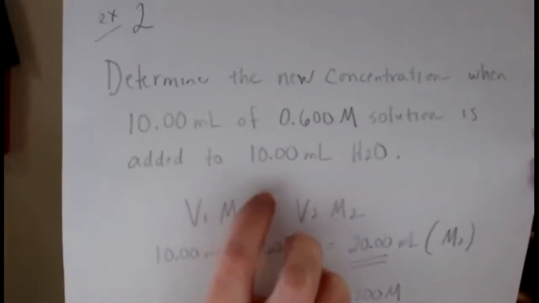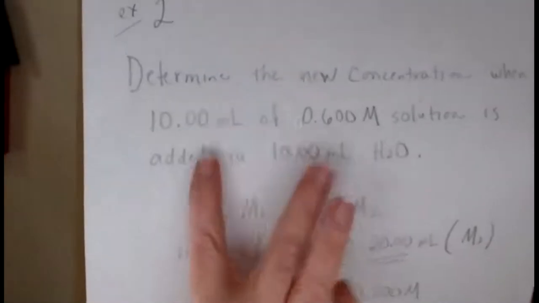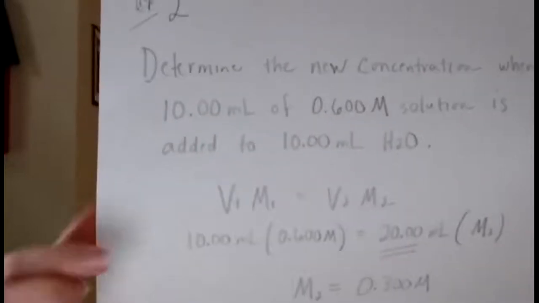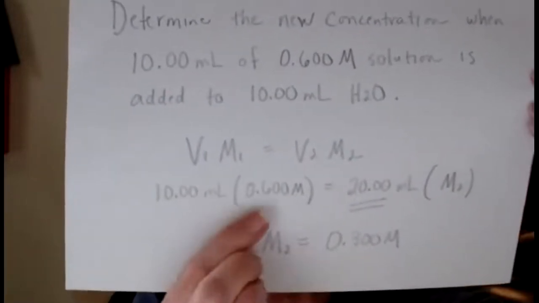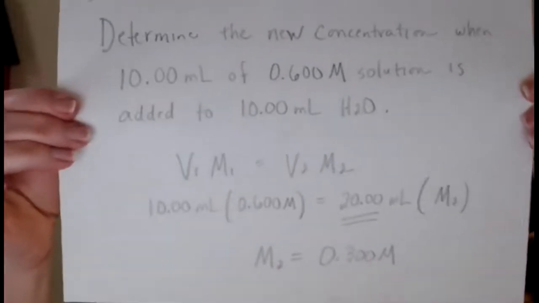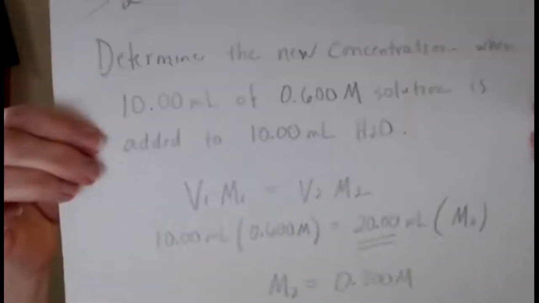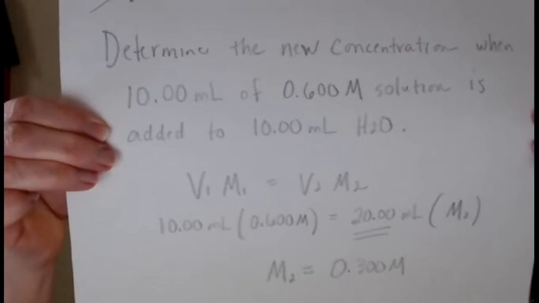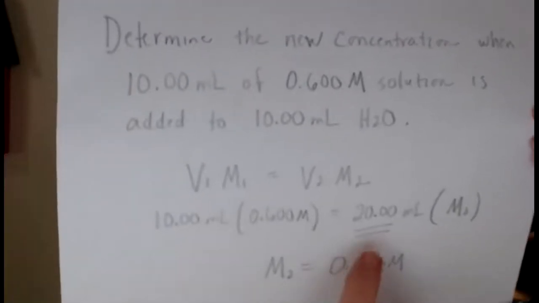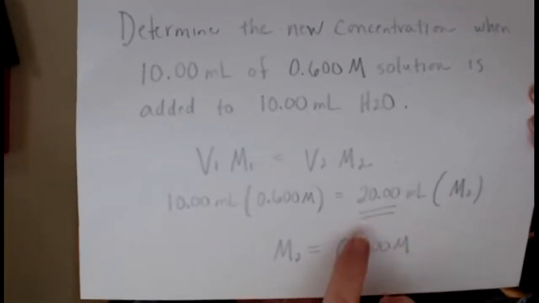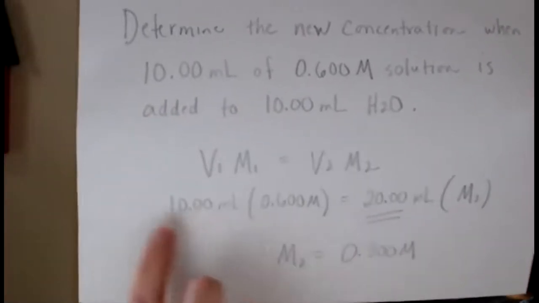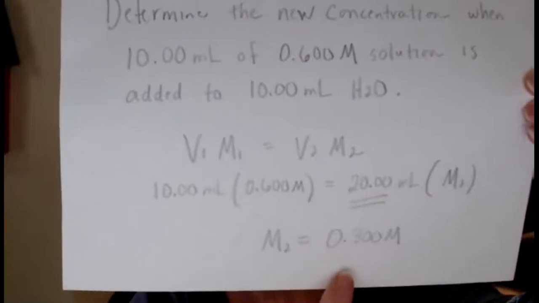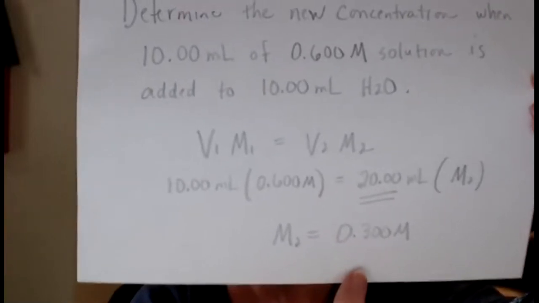Of in a word problem tells you right now that those two numbers have to go on the same side. So 10 milliliters times 0.600 molar equals, I'm adding it to 10 milliliters of water. So I don't put a 10 there, I have to put a 20 because I've got to add these two volumes. It says added to. So really it's half of that, your new diluted concentration.